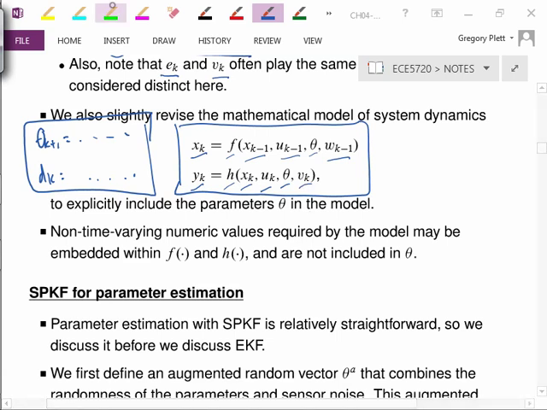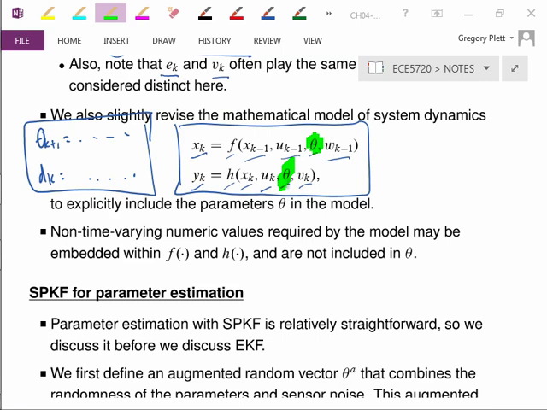What we changed here versus last chapter is adding the parameters in explicitly, because those were not written in the equations before, but now we have to consider them because they could change with time. So any time-varying numeric value in the model we would put in theta.